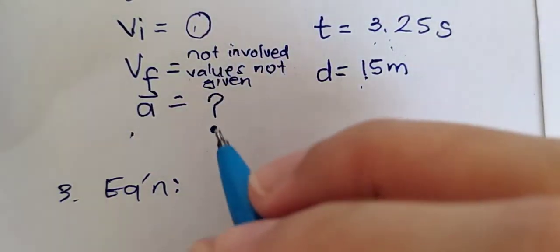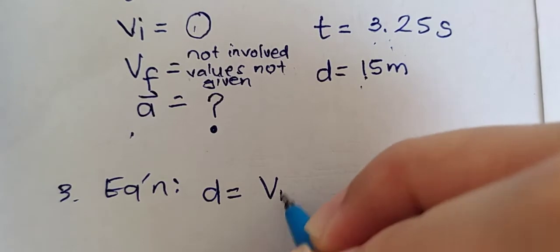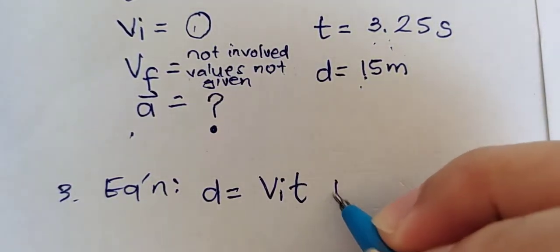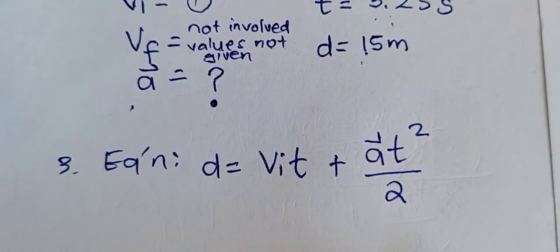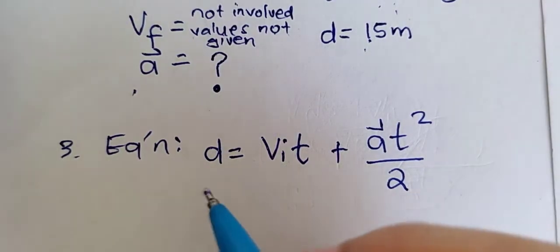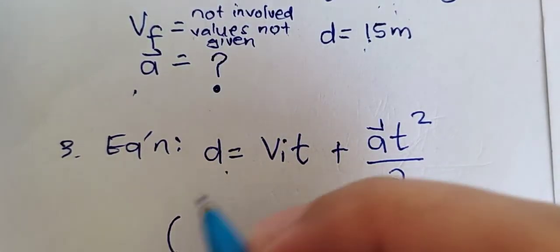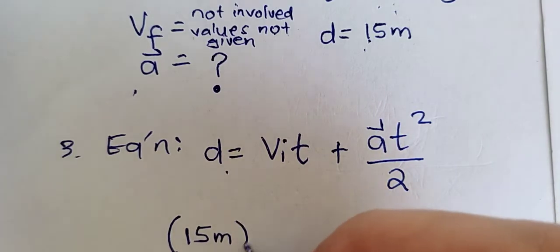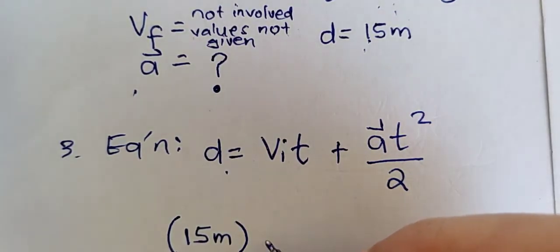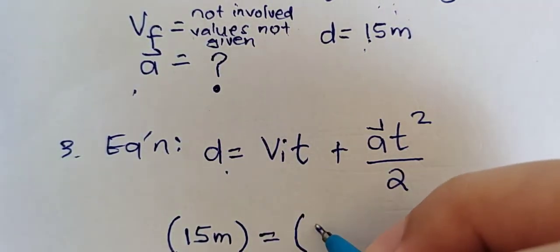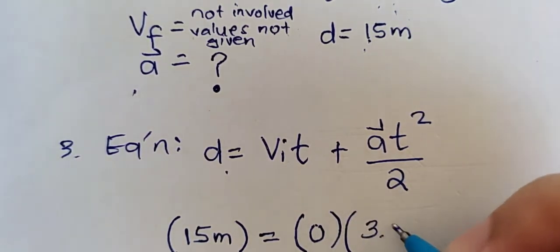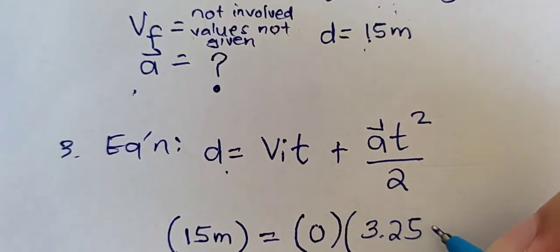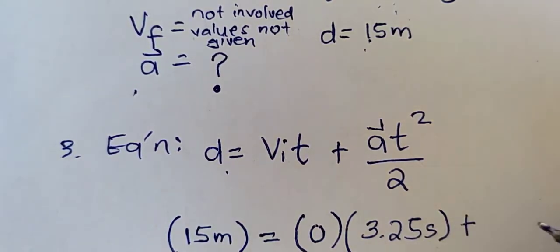So we are going to write now d equals initial speed times time plus acceleration multiplied by the square of time over 2. Then substitute the values. d is equal to 15 meters, equals substitution for the Vi which is equal to 0, times time which is 3.25 seconds, plus what is acceleration?